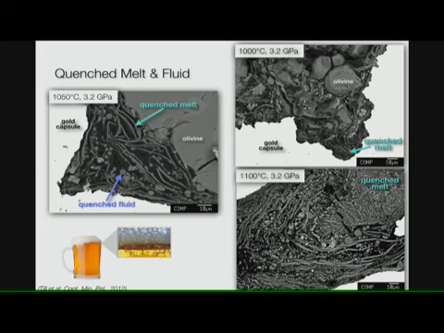Yeah? What is the quenched fluid relative to the quenched melt? Yeah, so last time we talked a little bit about this idea that, when you're at high pressures, you can have a lot of solute dissolved in your aqueous fluid. And we also have this question of what we call the second critical endpoint.